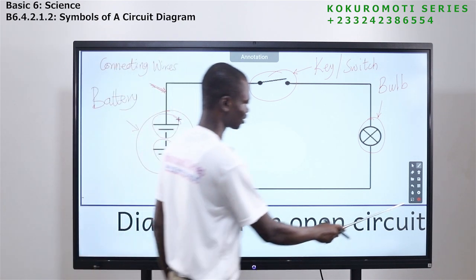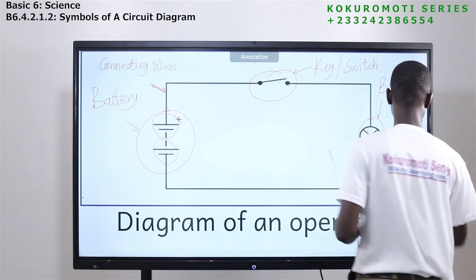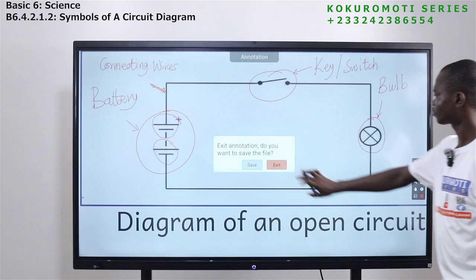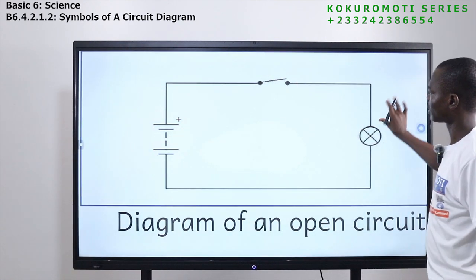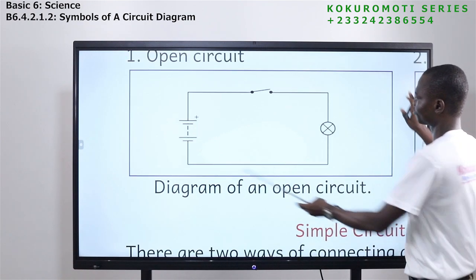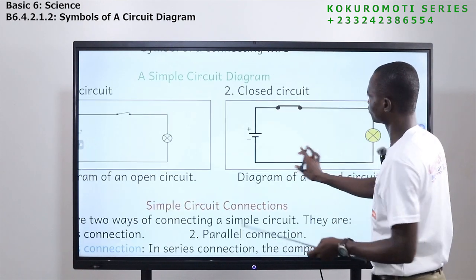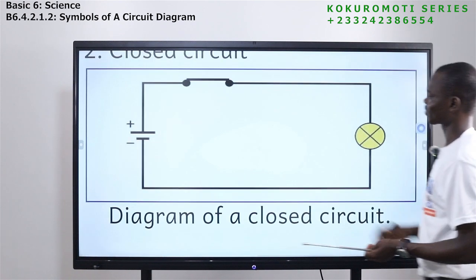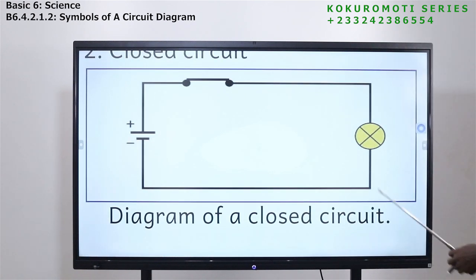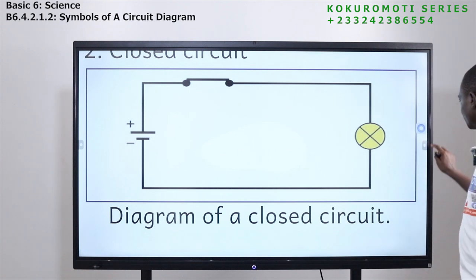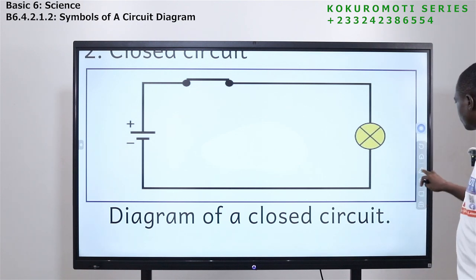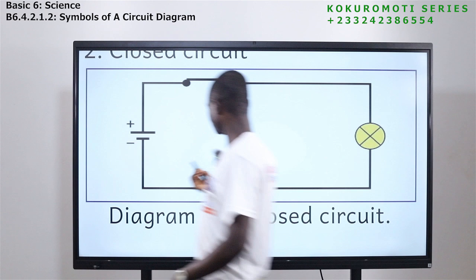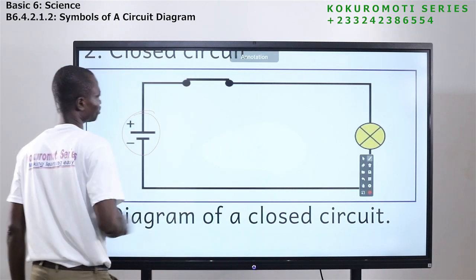Okay, so let's go back. The same thing is here. This is also a diagram. Let's look at the components. So, what is the name of this symbol?